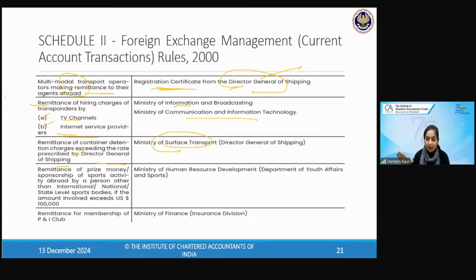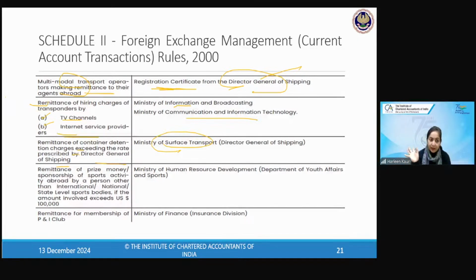How do you remember the internet? With IT, communication and information technology. And TV channels is information and broadcasting. TV has broadcast, so broadcasting. For TV channels, if you're paying hiring charges for transponders, you have to learn Ministry of Information and Broadcasting, and for internet services, we simply have to learn information technology and communication. Okay?